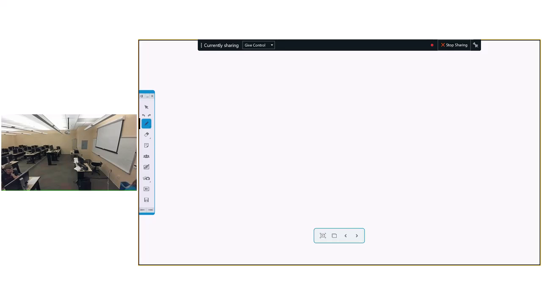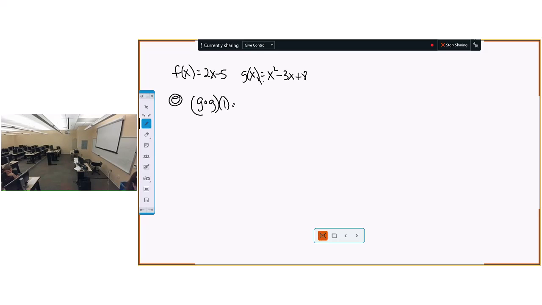Okay? All right, again, we have f of x equals 2x minus 5, and g of x equals x squared minus 3x plus 8. And now we want to find g circle g of 1, which would be g of g of 1.